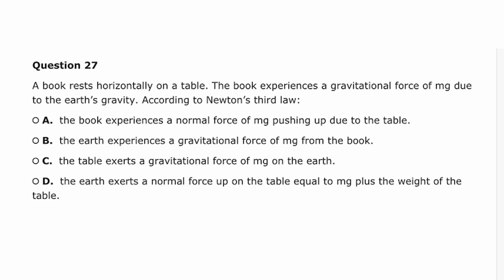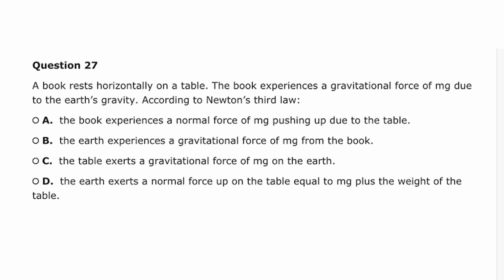B, the Earth experiences a gravitational force of mg from the book. Poor Earth. Be nice, book. I guess that kind of makes sense, but I don't know. C, the table exerts a gravitational force of mg on the Earth.